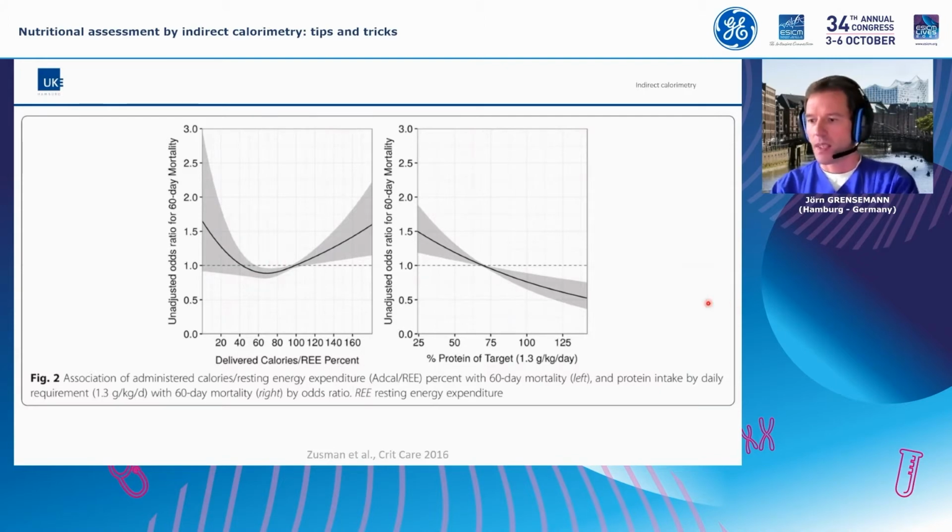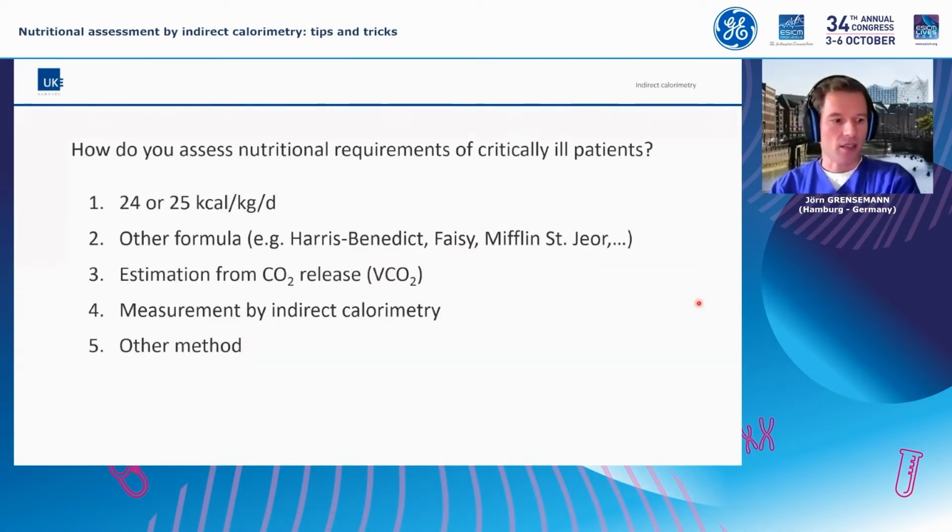So to start with this session, I would like to ask you, the audience, how do you assess nutritional requirements of critically ill patients? Can we please start the poll? What is very common today, as suggested by some societies, is to just pick 24 or 25 kilocalories per kilogram per day, to use other formulas, Harris-Benedict, Faisy, or others.